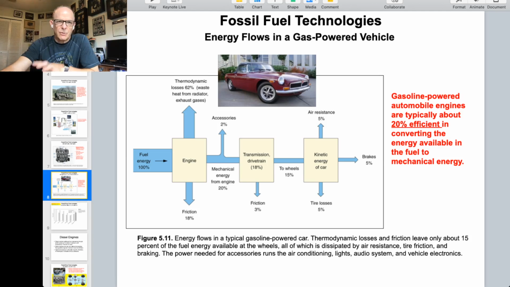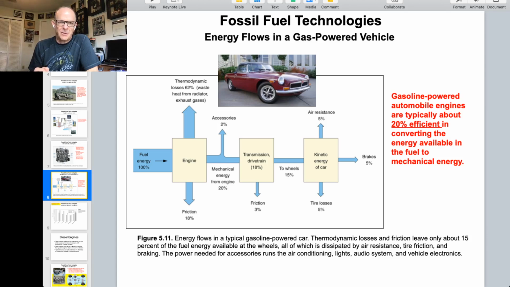That's due to the second law of thermodynamics and entropy, and that equation that we saw in the last module, E equals 1 minus TC over TH. The efficiency is bigger if TH is bigger.